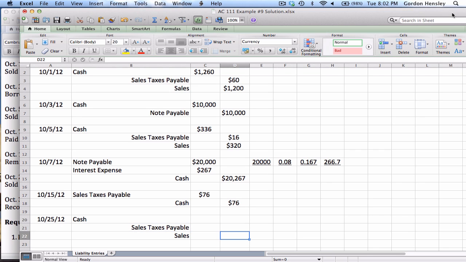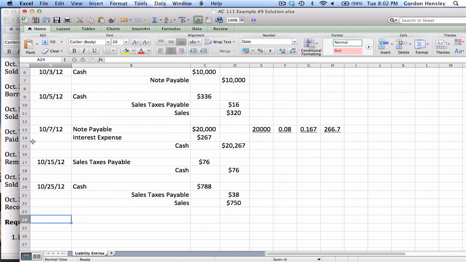So the sale in this case is $750, but I'm going to receive $750 times 1.05, or 105% of $750, which is $788. Well, that's a difference of $38. So I'll debit cash $788, credit sales tax payable $38, credit sales $750.